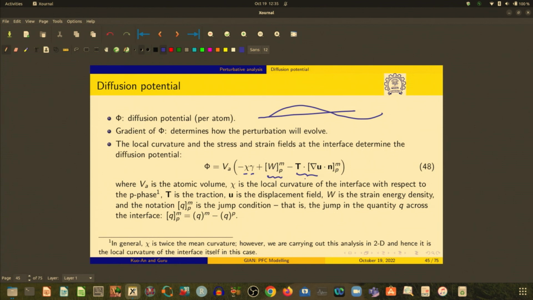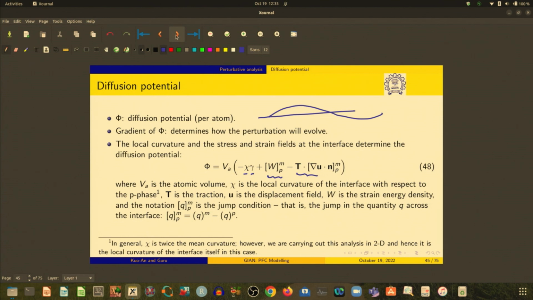The other one is the jump condition for the displacement or traction, you can think of it whichever way. So, it is T dot del u dot n Pm. T itself is sigma ij dot n. Okay. Now, how do you get this diffusion potential?